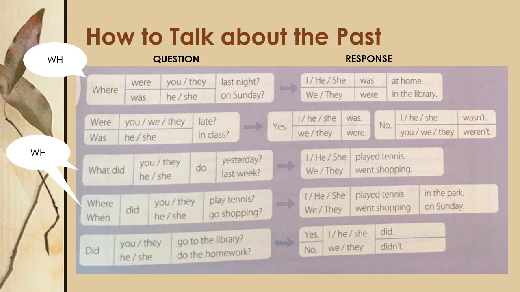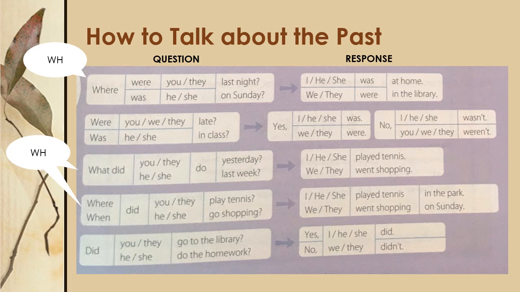Alright? Remember that. Now this one is another example. What did you do yesterday? What did she do last week? So you use the past tense of the verb do. What did, not what do. What did is what you need to say when you talk about the past. And as you can see, there are other examples of time words.